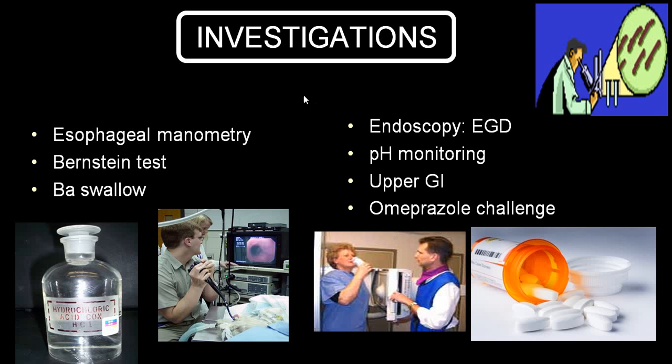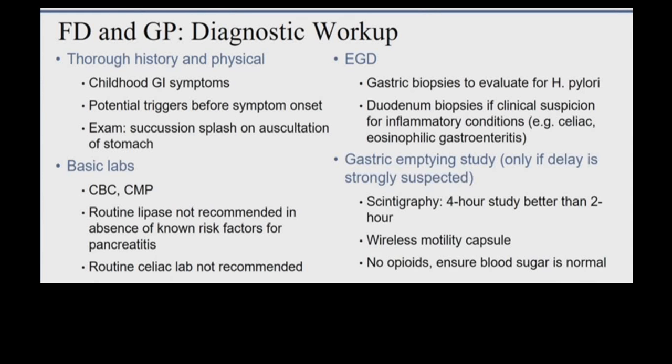As far as investigation is concerned, you will have to do a lot of investigation to rule out mainly organic causes, like esophageal manometry, barium swallow, pH monitoring, upper GI endoscopy. You can go for an omeprazole challenge test, etc. These are the common diagnostic investigations between functional dyspepsia and gastroparesis.